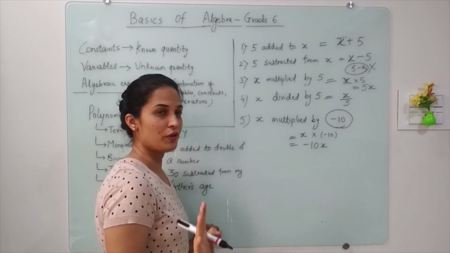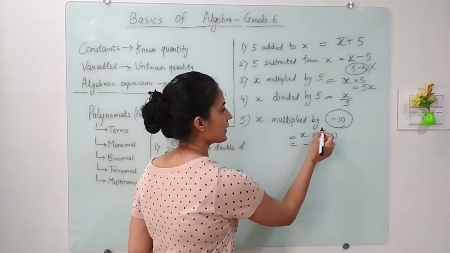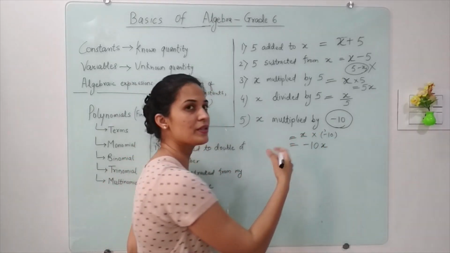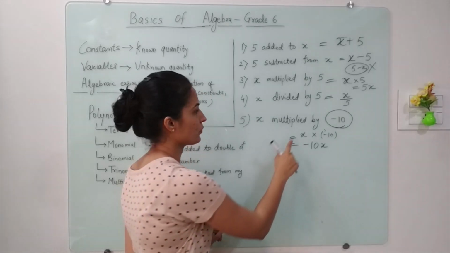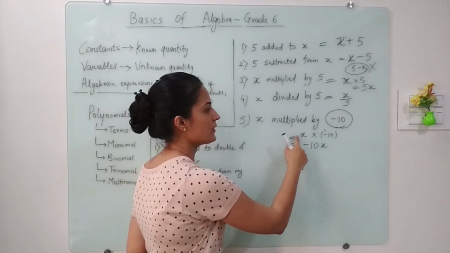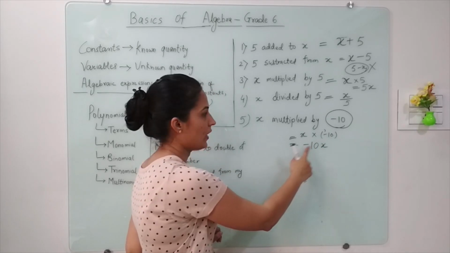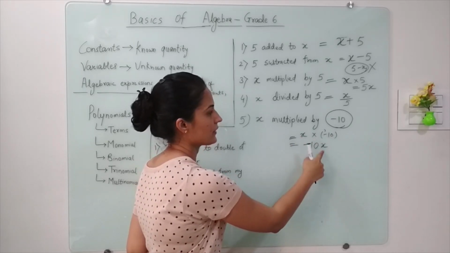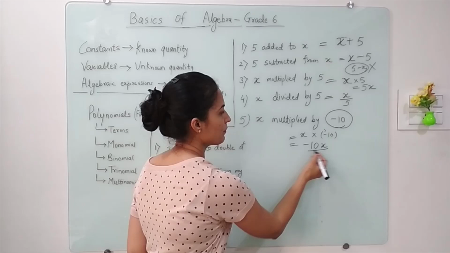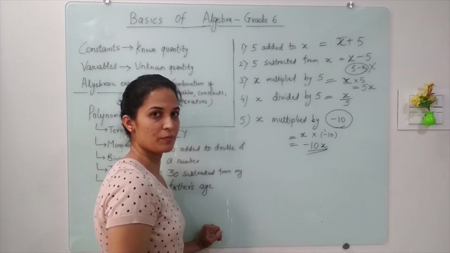In integers, you would have already covered how the operators work on signs, plus and minus. Plus into minus is minus. And this constant is here and this x is here. So this is the simplified way of writing the algebraic expressions.